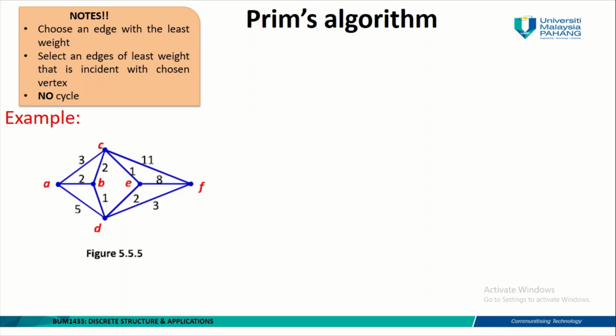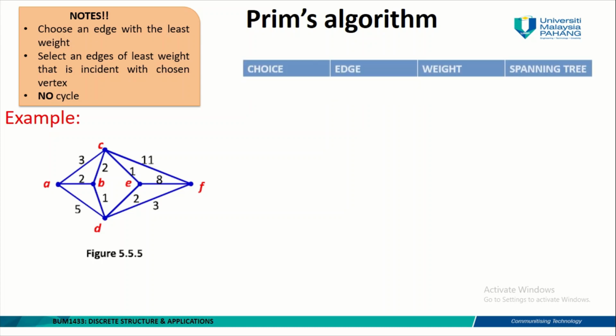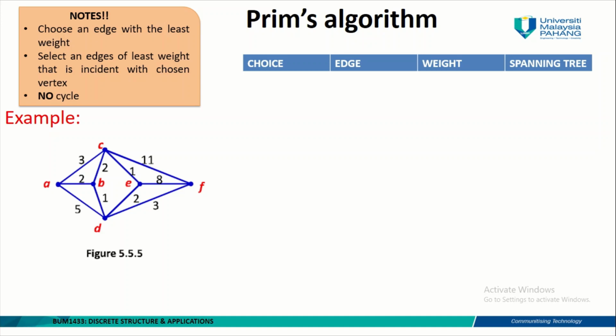Let's see figure 5.5.5. This is the example, a weighted simple graph. To solve the Prim algorithm, we use a table to show step by step how the Prim algorithm works.